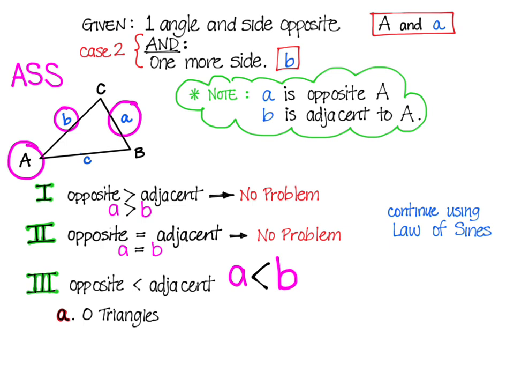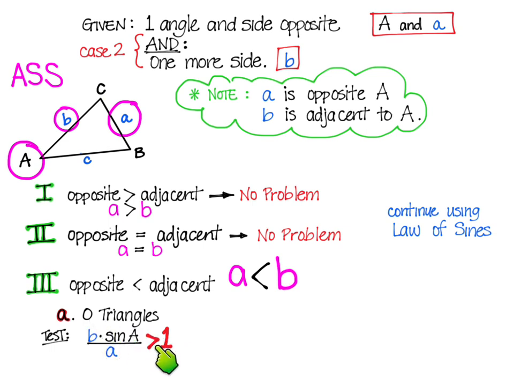Is there a test? There is. There's a formula for a test to find out if this is the case. And that test is we do side B, the adjacent, times sine of angle A, and divide it by the opposite. So B times sine of A divided by A. We plug this into our calculator, and if we get a number that is greater than 1, then there's no triangles.